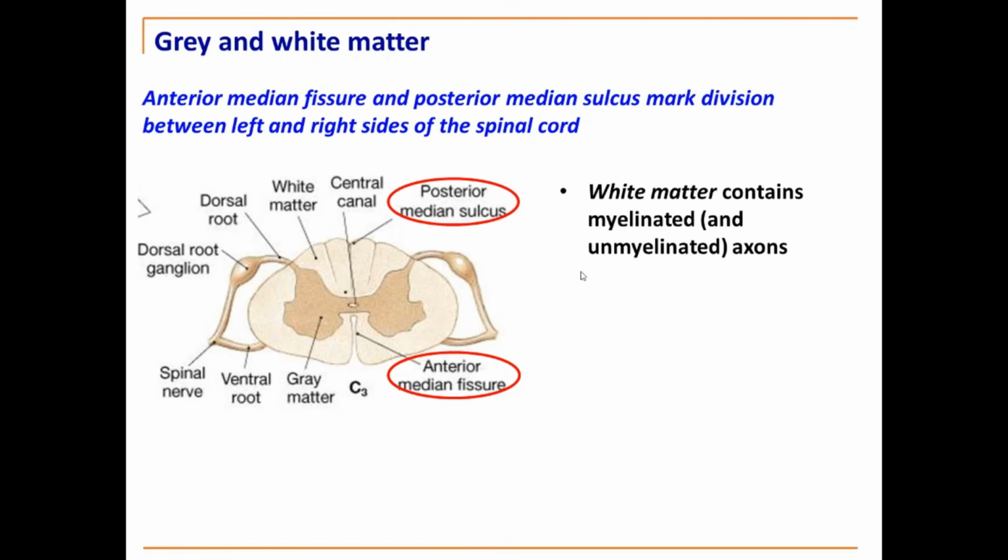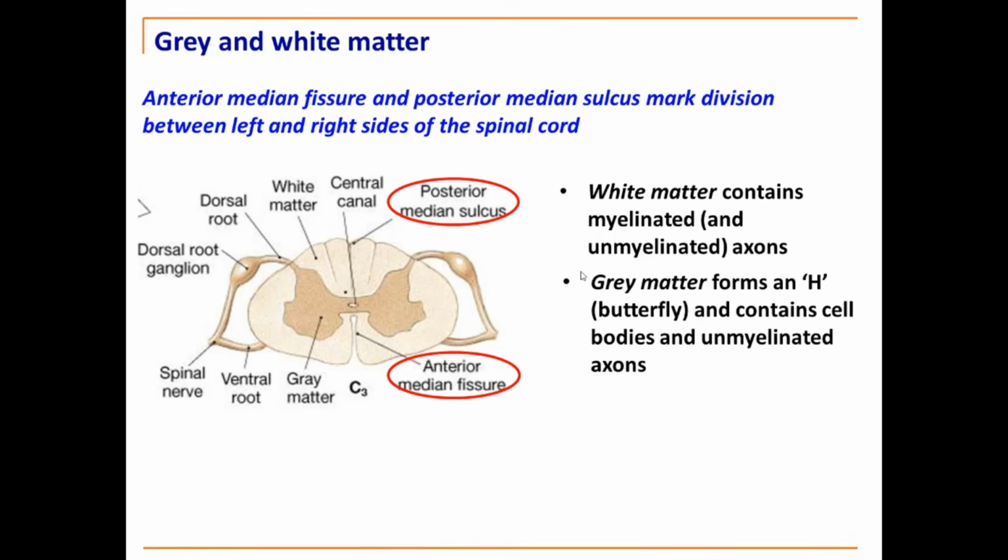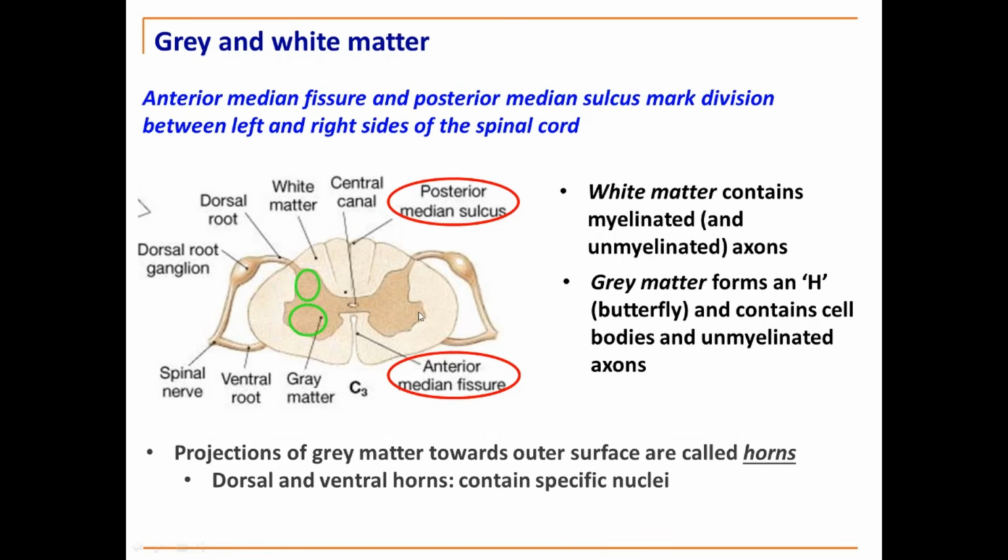And the white matter contains myelinated and unmyelinated axons, and the grey matter forms this butterfly shape, and it contains the cell bodies and unmyelinated axons. The projections of grey matter towards the outer surface are called horns, and this is what we're showing here. So we have the dorsal horn and we have the ventral horn, and they contain specific nuclei, so visceral and somatic and sensory and motor.